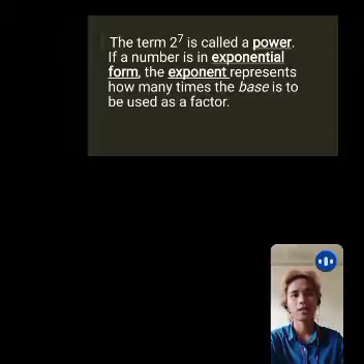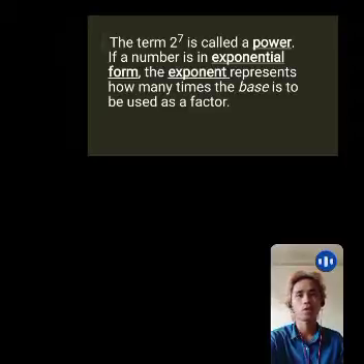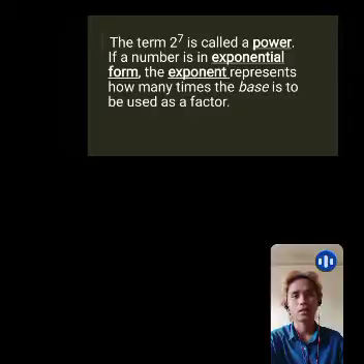If a number is in exponential form, the exponent represents how many times the base is to be used as a factor. To simplify this explanation, when the number is in exponential form, you multiply the base by itself depending on the exponent.